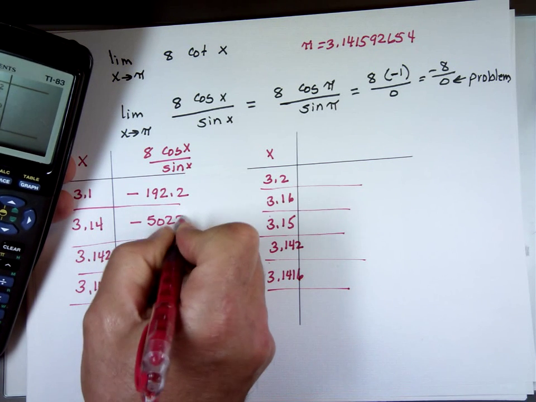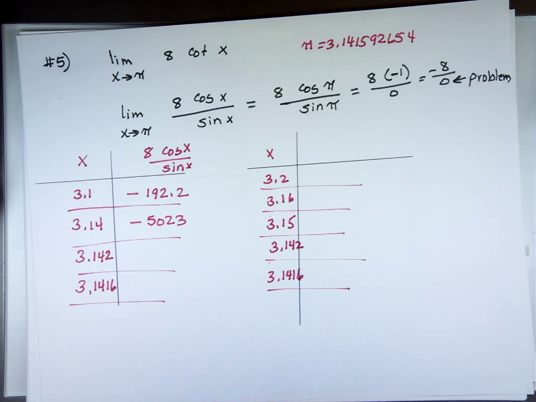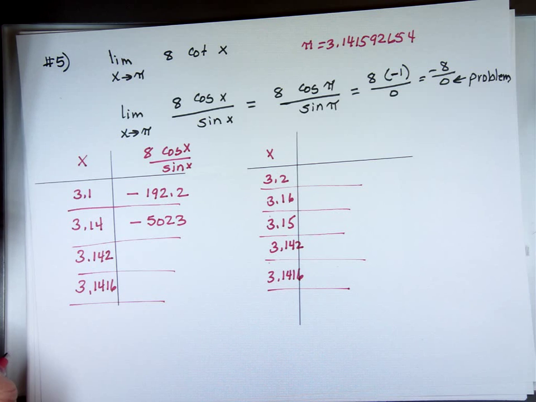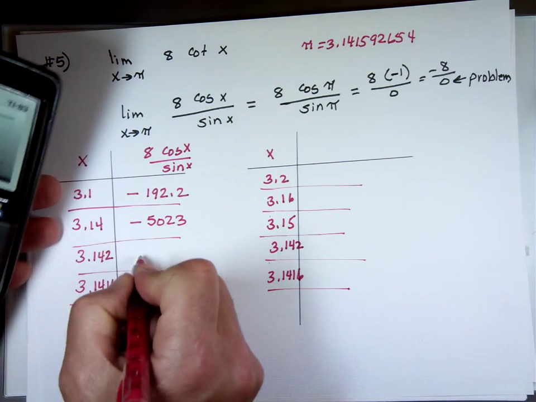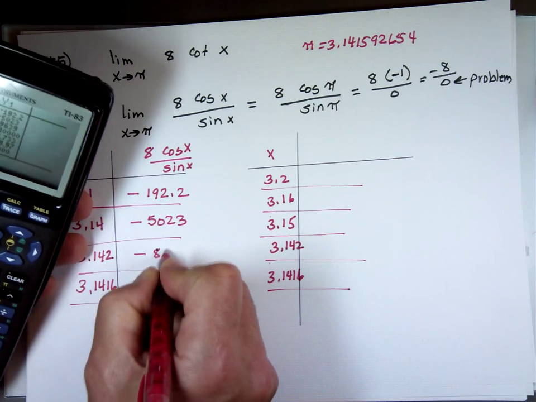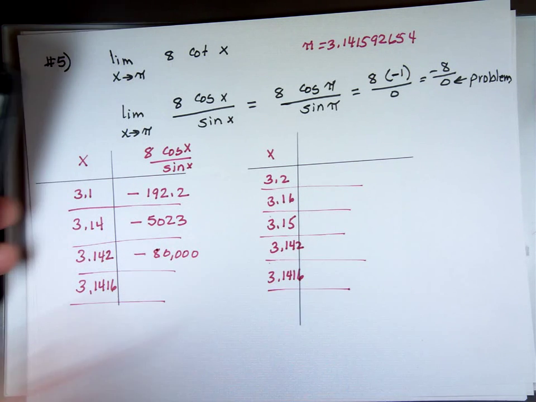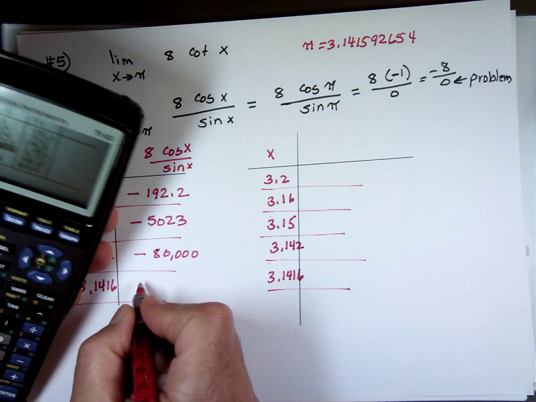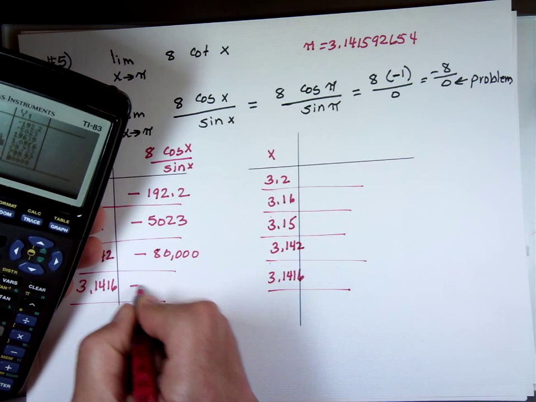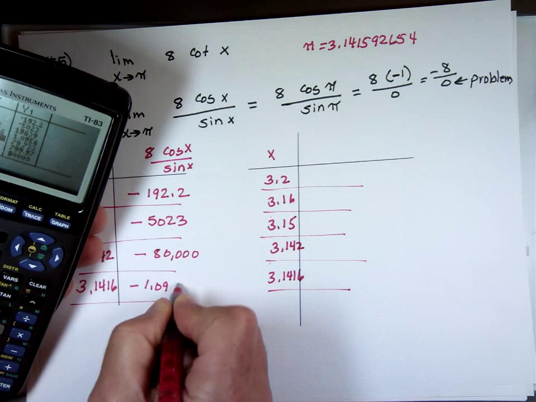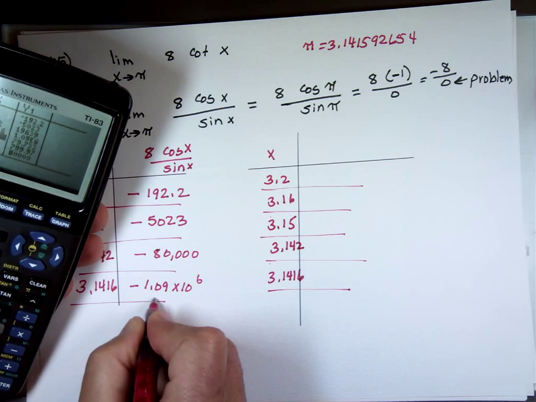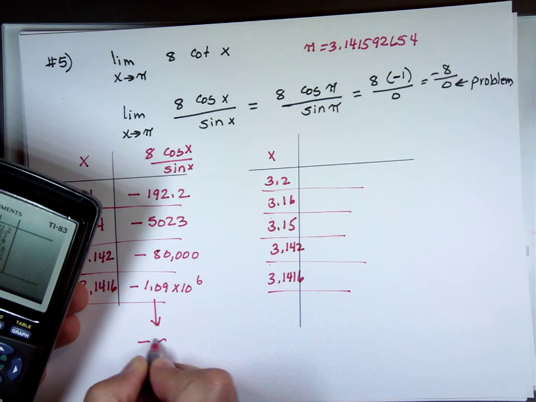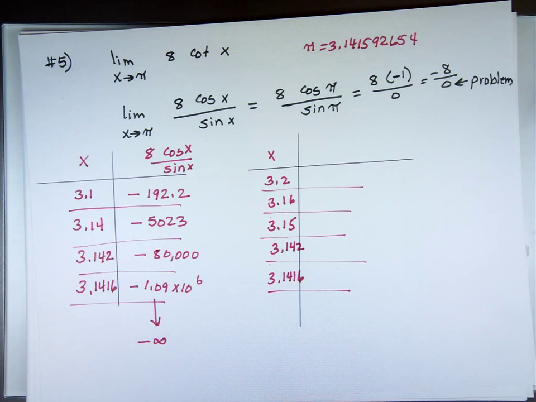You can see where we're heading. 3.142 gives negative 80,000. 3.1416, the calculator says negative 1.09 times 10 to the 6. So you can see that number is going toward negative infinity, right?